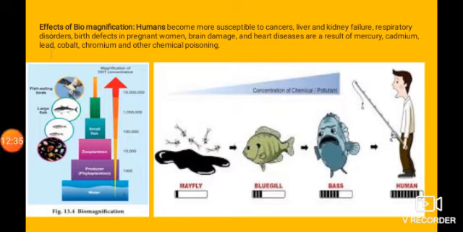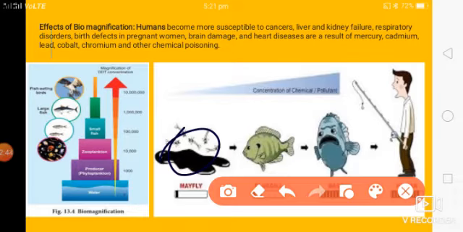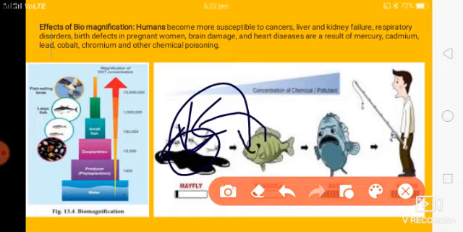Students, through this picture you can understand very easily that from this insect or decomposed thing, when a small fish eats those things as food, that gets into the small fish, and when a big fish eats that small fish, that concentration of toxic substance also gets transferred to that fish.